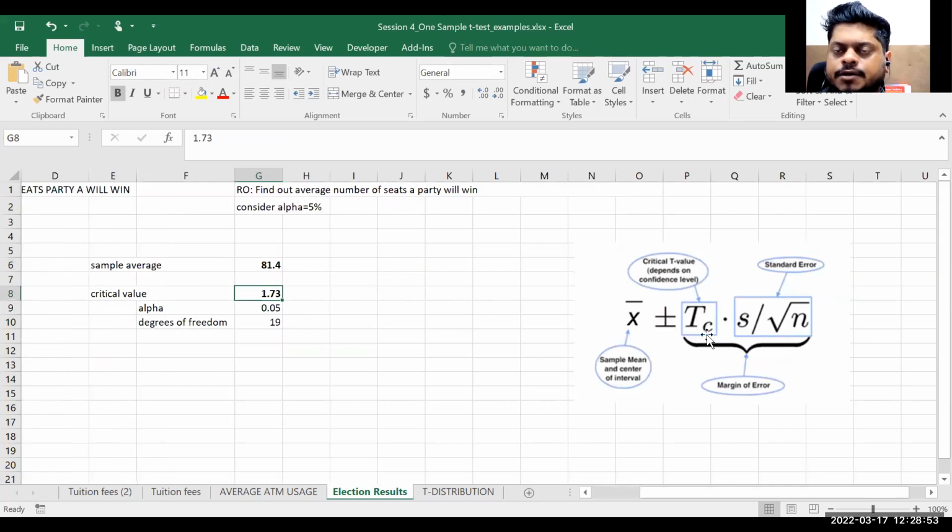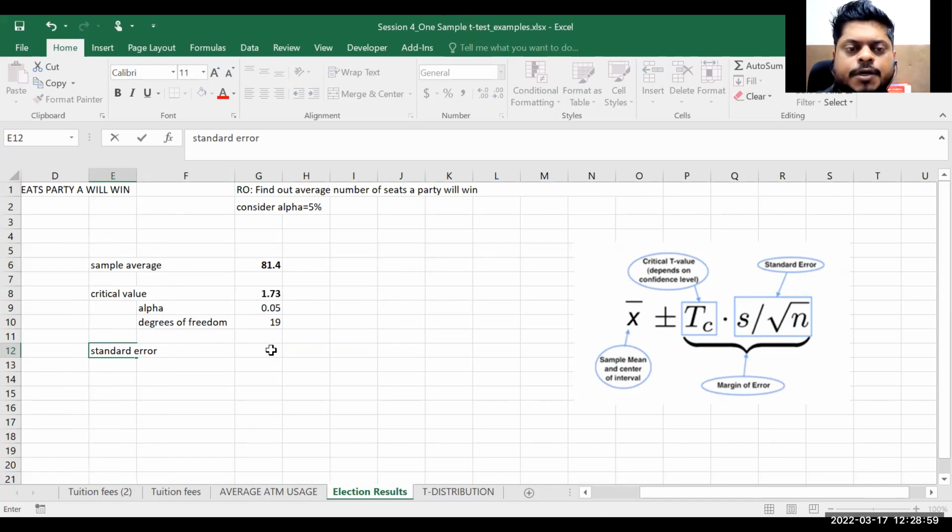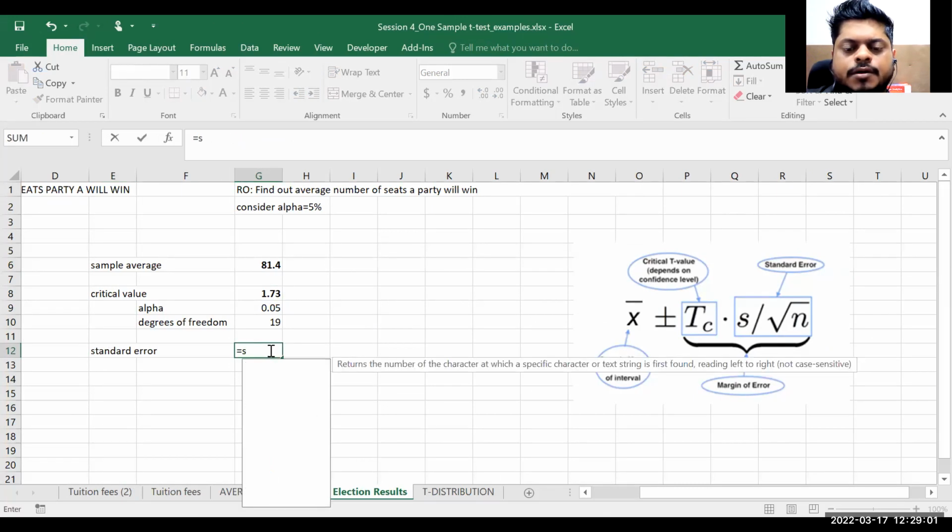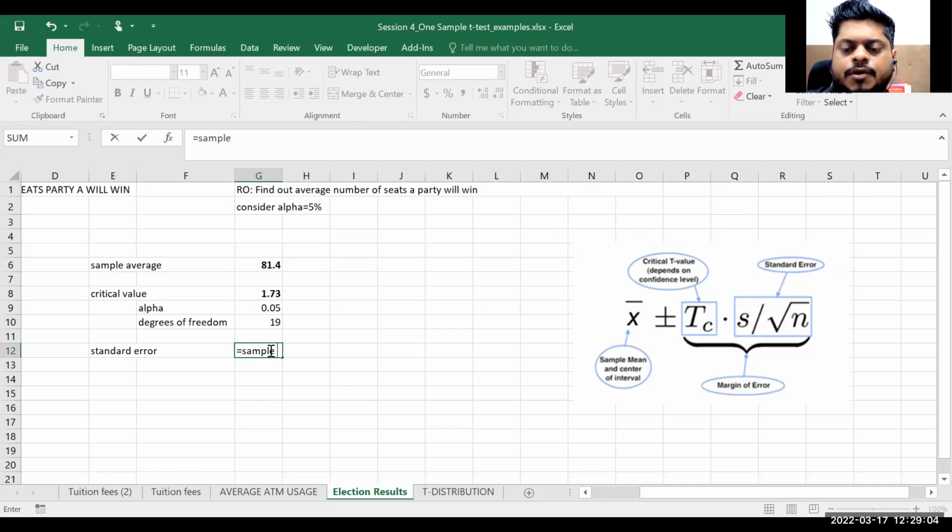Next is the standard error. The standard error formula is the same thing: standard deviation divided by square root of n, right? Divided by square root of sample size. So first I have to find out my sample standard deviation.